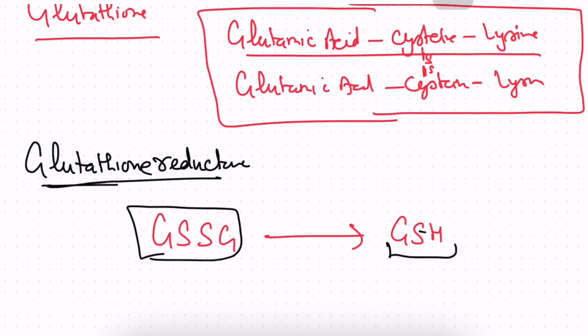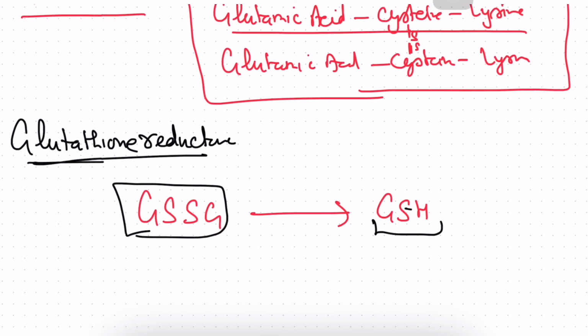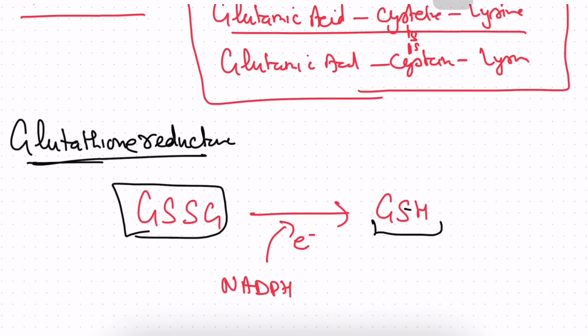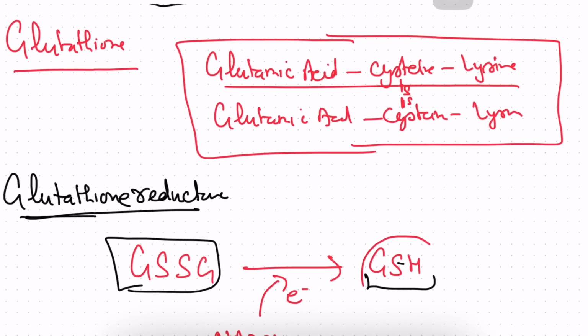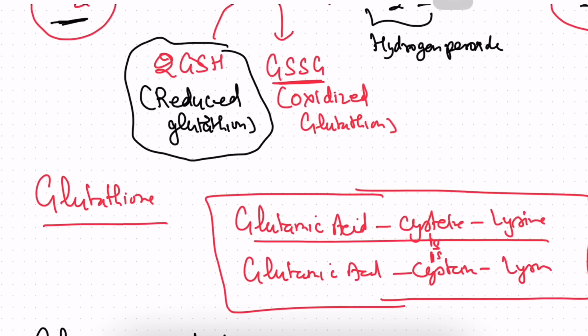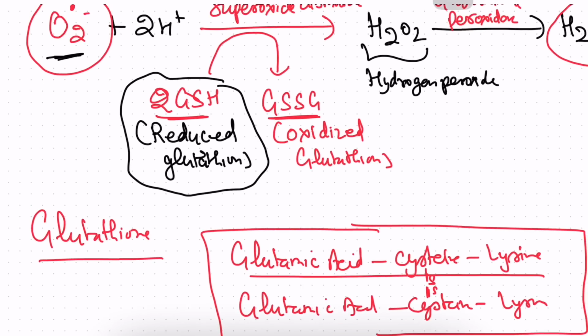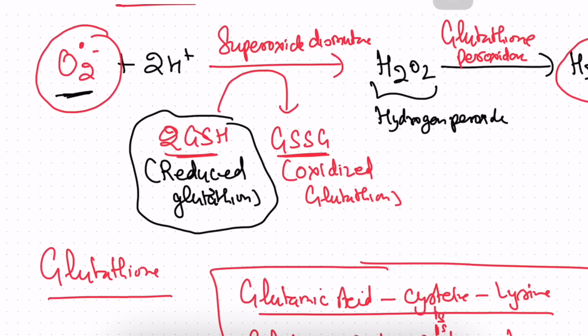Now this enzyme glutathione reductase requires electrons, and who is going to supply the electrons? NADPH. Now try to see here, there will be production of GSH, and this will be used here. If within the cell you have enough reduced glutathione, what is going to happen? The cell can efficiently neutralize the oxygen free radicals.